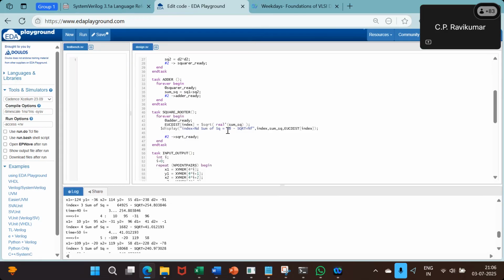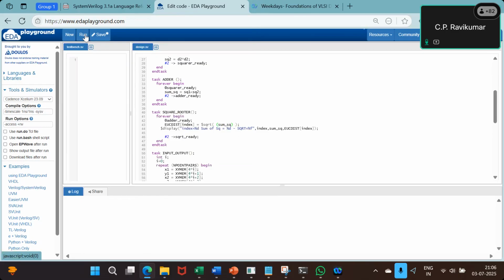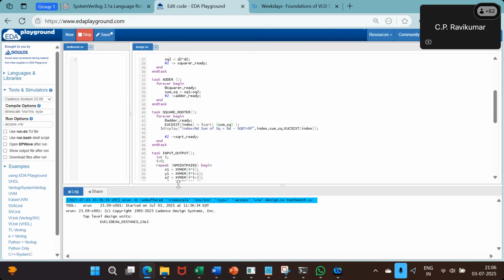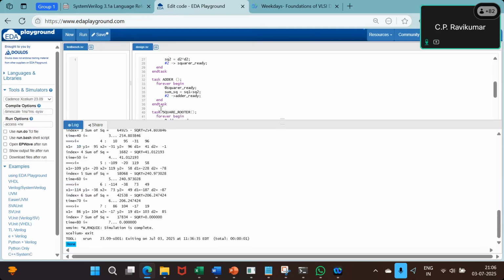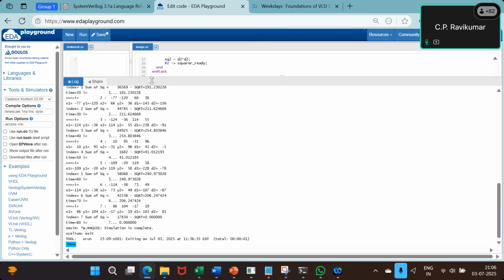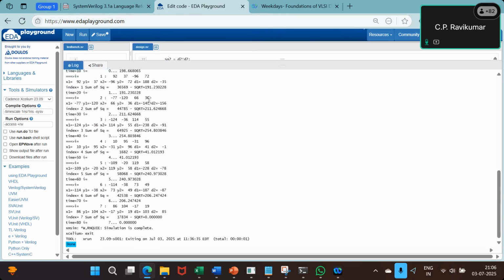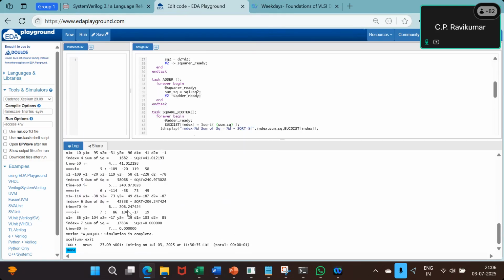No, no, we cannot remove this thing. See, the square root. Okay, let me try. I don't think so. See, it may not even work correctly. I think square root expects a real number, to my knowledge. I may be wrong. So square root doesn't require you to typecast. But see, what I'm trying to say is it has nothing to do with that. So everything else is okay.